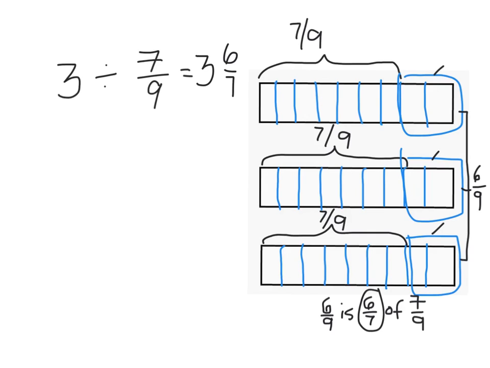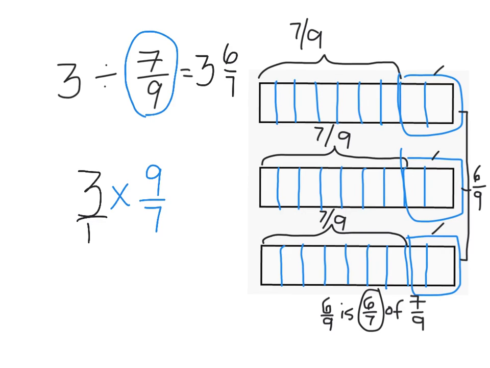So we learned that we can use the reciprocal of the divisor, 7/9. What's the reciprocal again of 7/9? Right, it's 9/7. But this time, you have to use the opposite or inverse operation of the division, which is multiplication. So let's multiply 3 times 9/7.